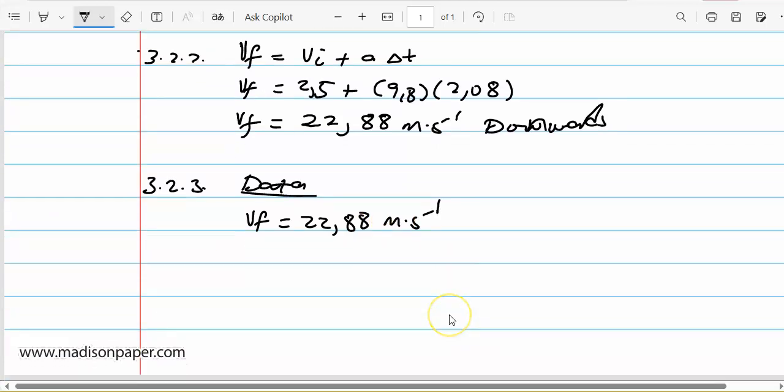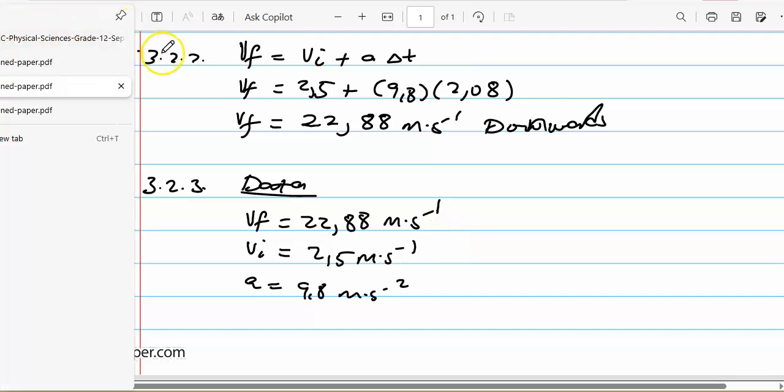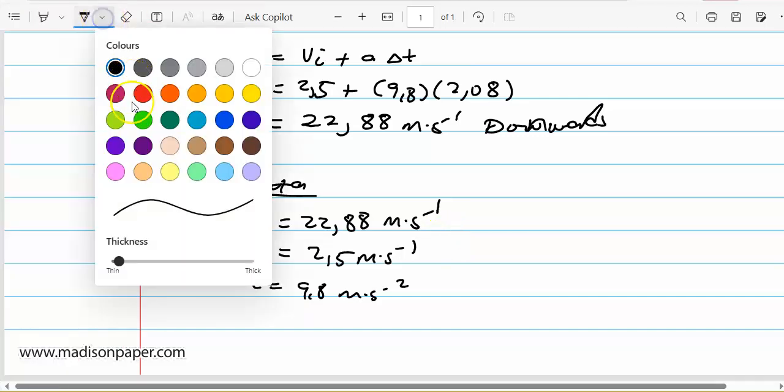We said V initial was 2.5 meters per second. Now we need to find a formula that has V final, V initial and acceleration.